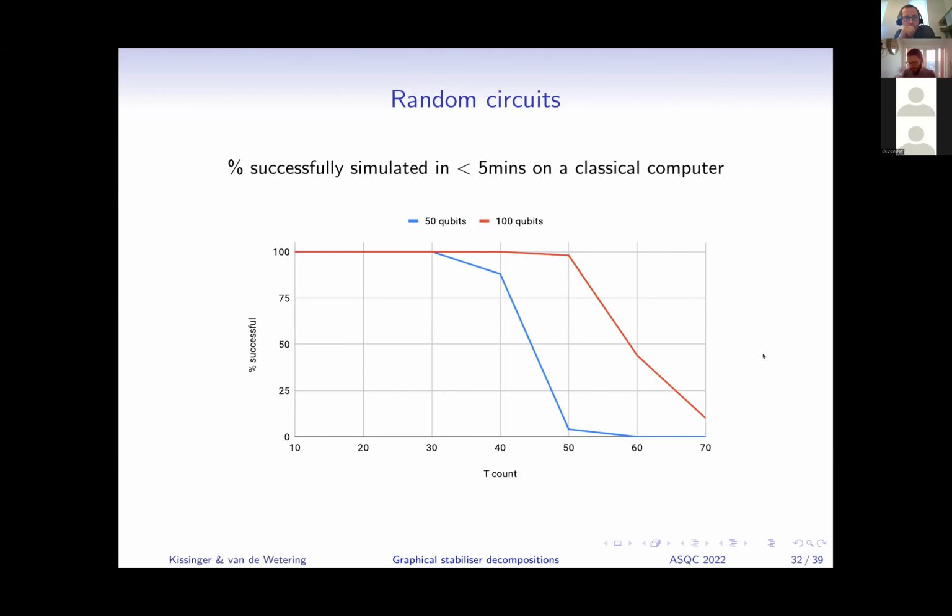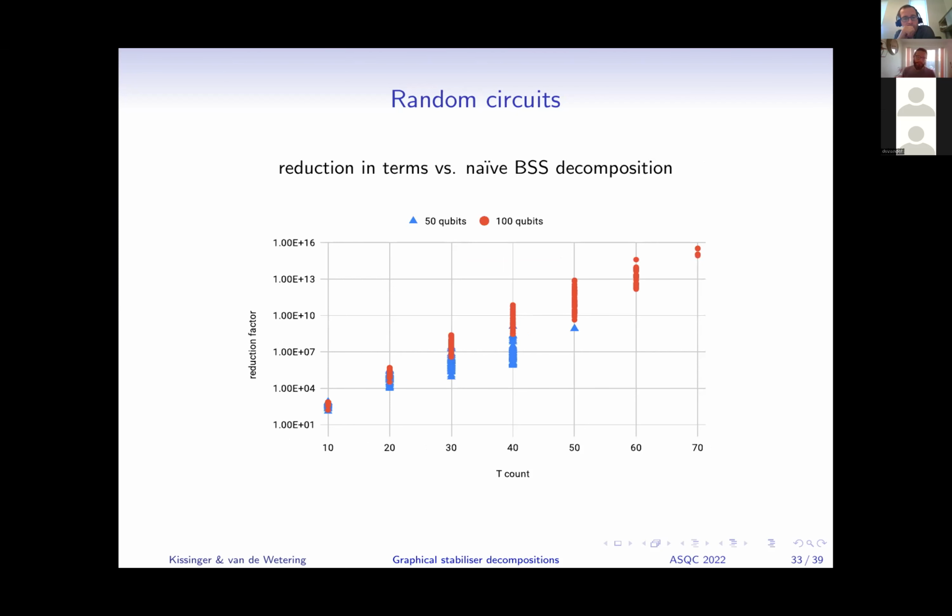You wouldn't expect random circuits to be efficiently classically simulable at the big sizes. If you look at the ones that we did successfully simulate, and the reduction between the number of terms that we needed to sum and the naive BSS number of terms, we have an improvement of up to about 15 orders of magnitude.